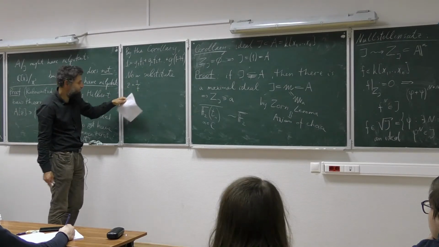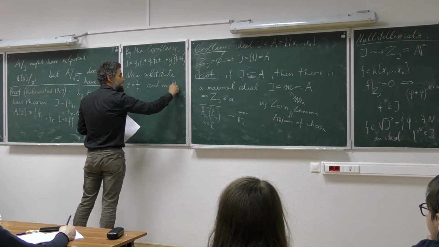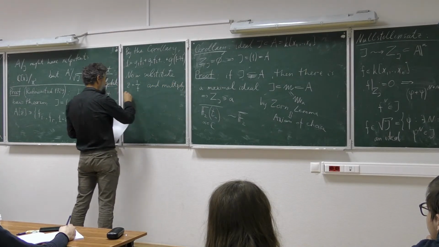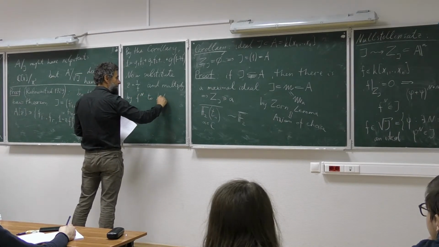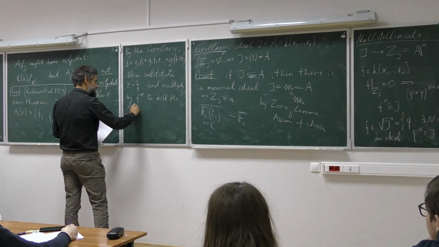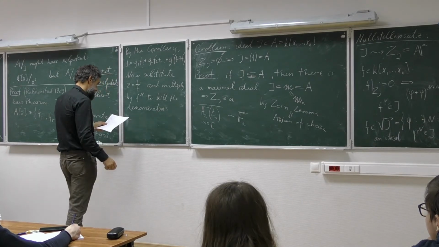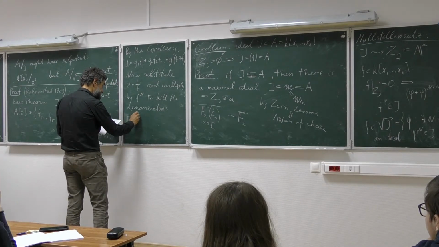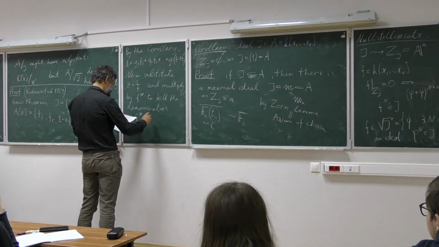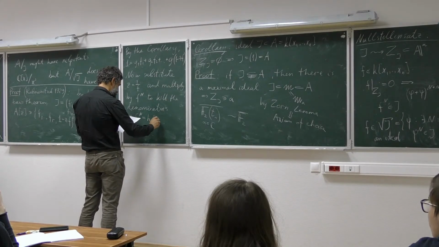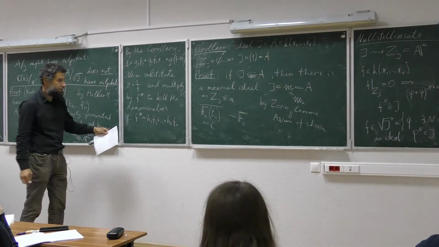But let's multiply by f to the power n to kill the denominators. So what we get is f to the power n, on the left hand side, equals h1 f1 plus so on plus hr fr. And that's exactly what we wanted to prove.